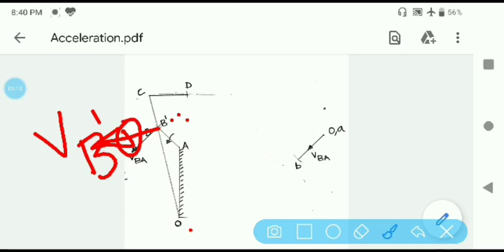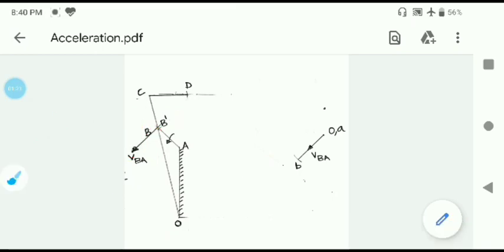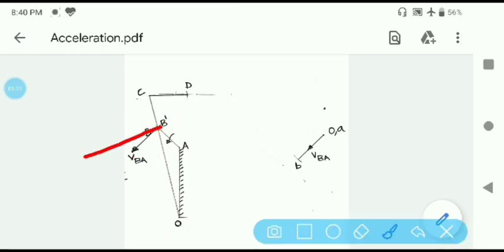Why is it downwards? If you have any doubt, it is because the crank is rotating in the anti-clockwise direction. So when the crank rotates in the anti-clockwise direction, link OC will also rotate in the anti-clockwise direction. In that case, the linear velocity of B prime relative to O will be along the downward direction.